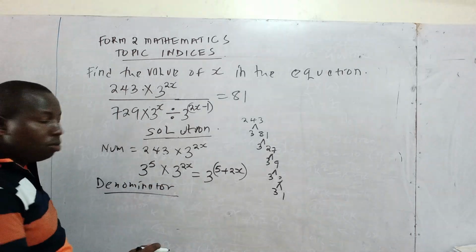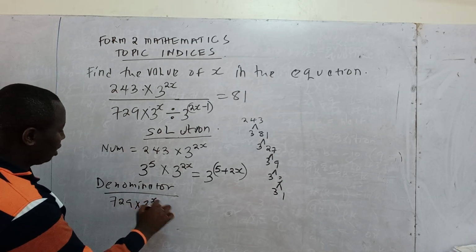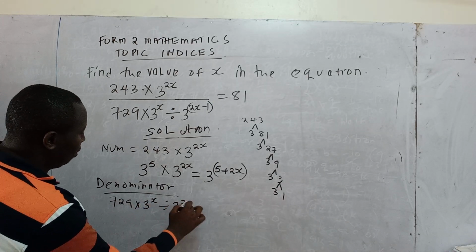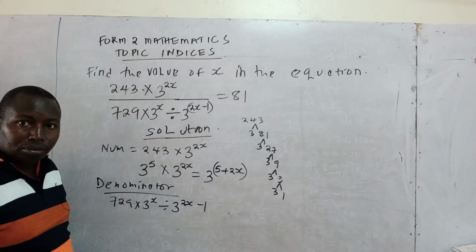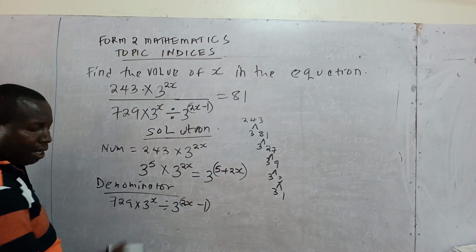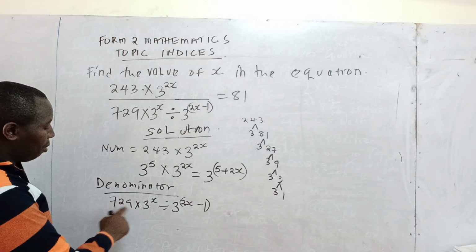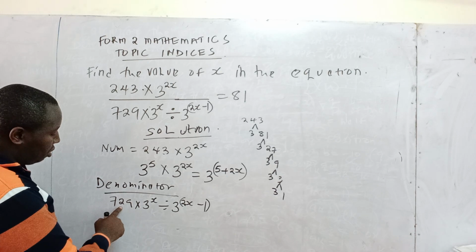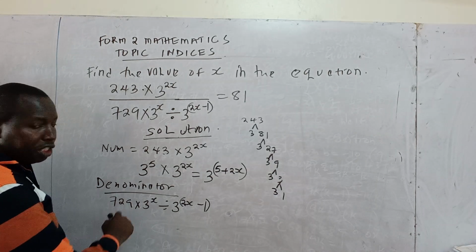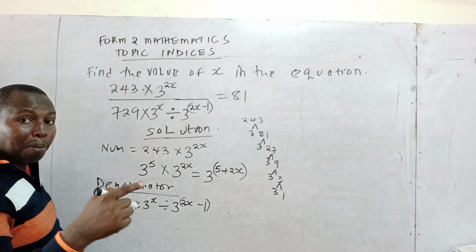In the denominator, you have 729 times 3 raised to the power x, divided by 3 raised to the power 2x minus 1. These are powers. So 729 in prime factors is also divisible by 3. 7 plus 2 is 9, plus 9 is 18. 18 is divisible by 3.